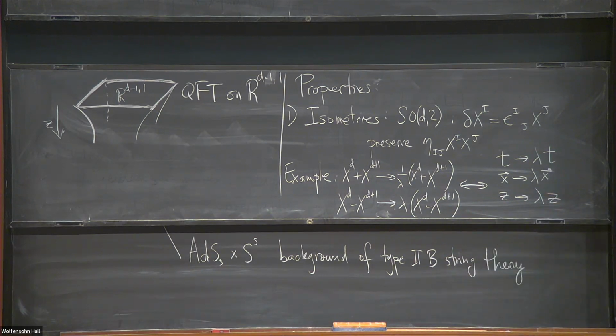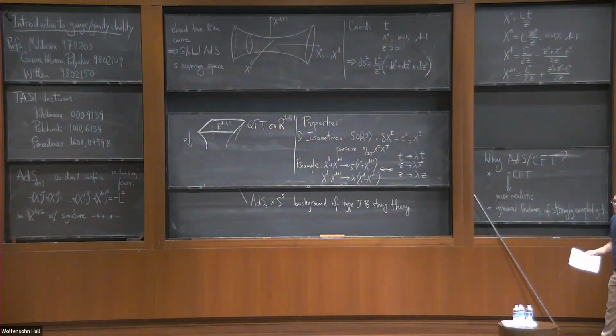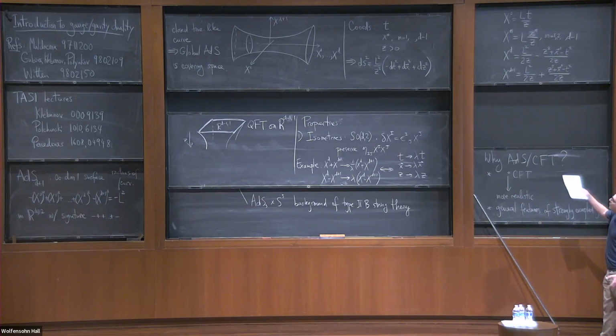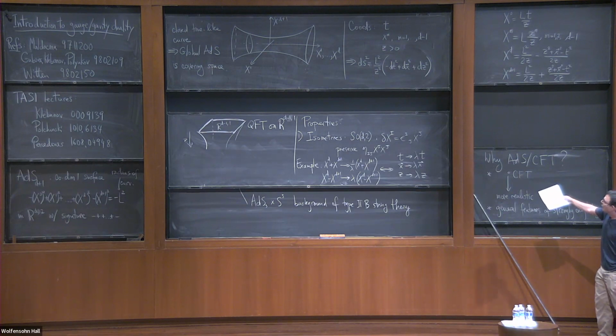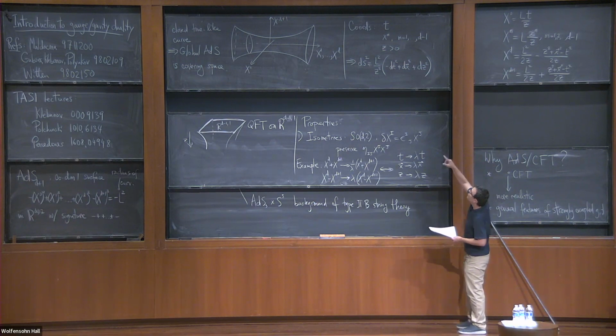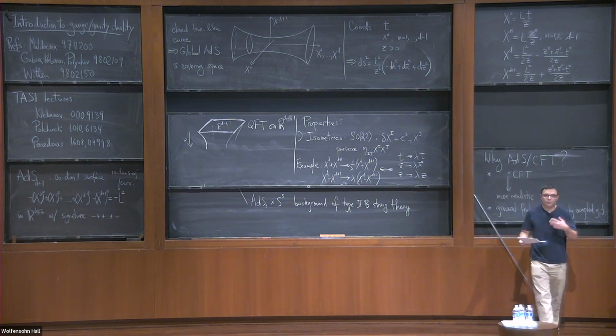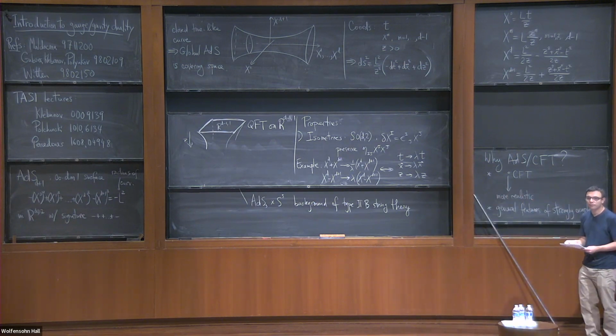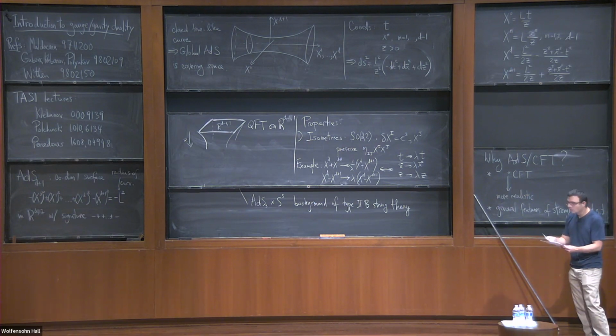So it's like a dilatation as far as the t and x coordinates go. But of course, a dilatation in 4 dimensions or in any number of dimensions is not a symmetry of the metric. The metric changes. However, in AdS, because there's this extra z, if we supplement it by z goes to lambda z, then the entire metric stays unchanged, which means this is an isometry.